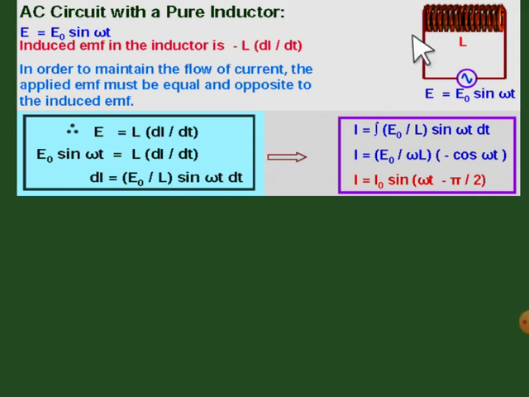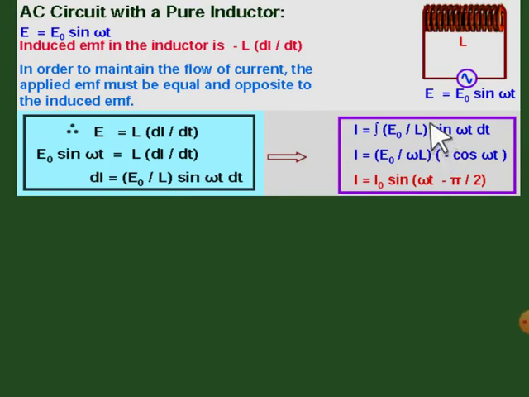The inductance of this inductor or coil is also constant, as long as you are not changing this particular solenoid, so the self-inductance will remain the same. So E naught by L are constants, so you take them outside the integration and integrate only sine of omega t.